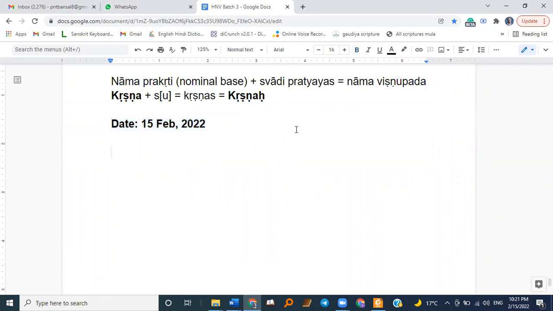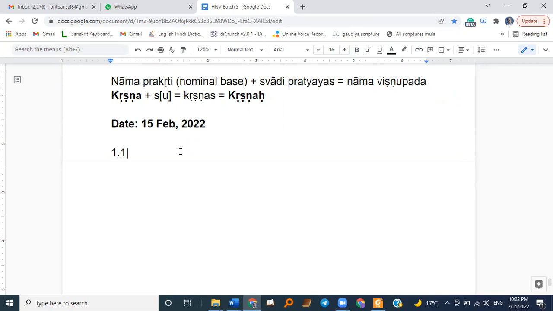for example, I'm taking 1.1. When I say 1.1, the first number stands for the Vibhakti, Prathama Vibhakti, Dvitiya Vibhakti, Tritiya Vibhakti, and so on. The second number stands for the Vachana, either Ekavachana, Dvivachana, or Bahuvachana: singular, dual, or plural. So 1.1 stands for Prathama Ekavachana.